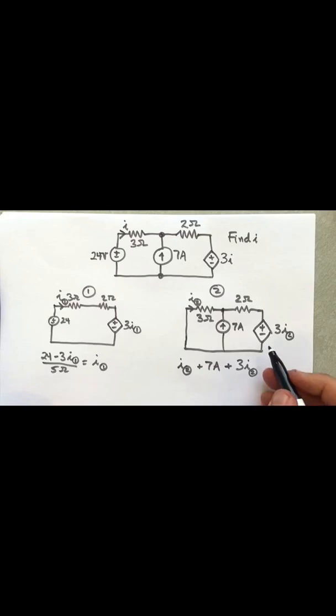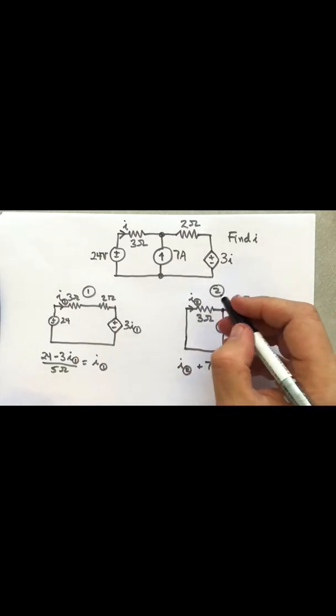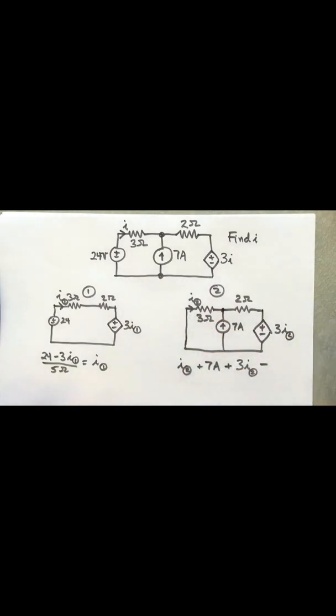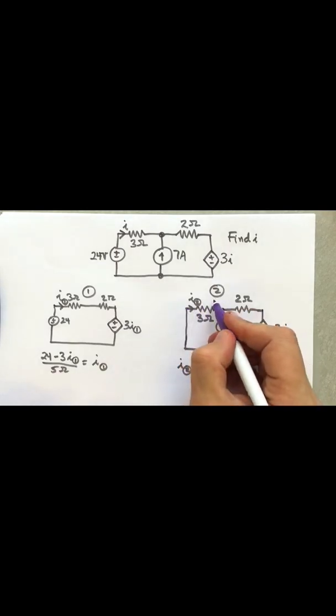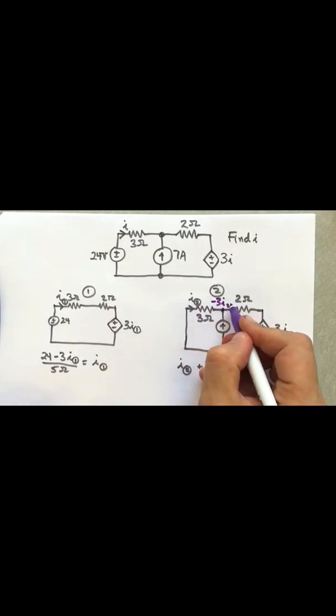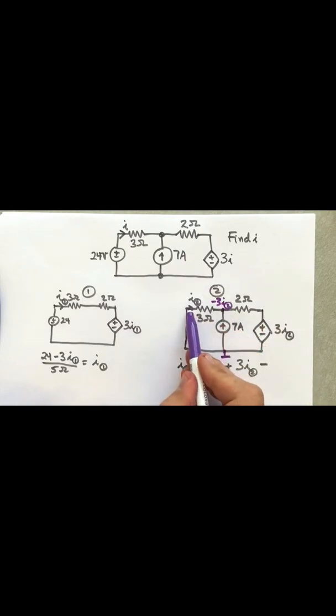So we'll have 7 amps plus 3 I2. We're doing the current coming into it, so it's 3 I2 minus the node voltage here. Now the node voltage here, actually, we know what it is because if we set a reference voltage down here to be ground, then it'll be minus 3 I2 because it's the current flowing through this resistor times the resistance.